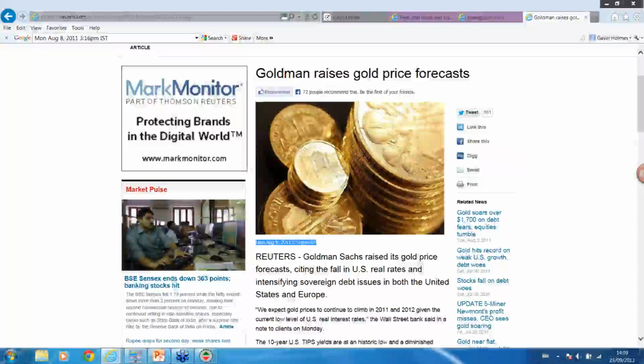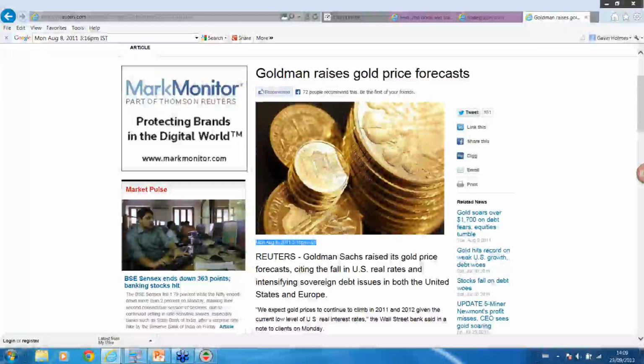Okay, so it says Goldman Sachs raised its gold price forecasts, citing the fall in US real rates and intensifying sovereign debt issues in both the United States and Europe. So we've got here quite clearly signals from the fundamental analysts at the bank that gold is going up.